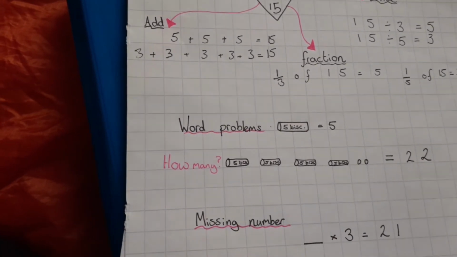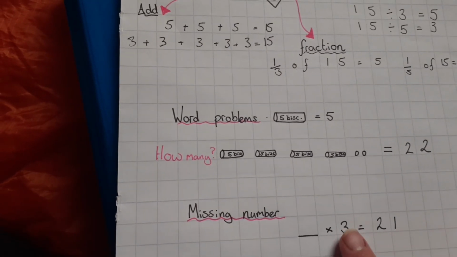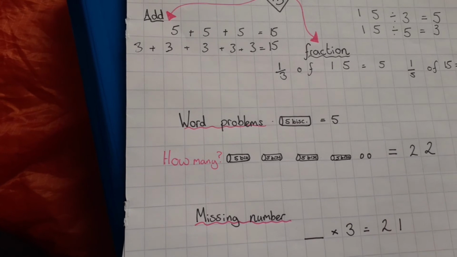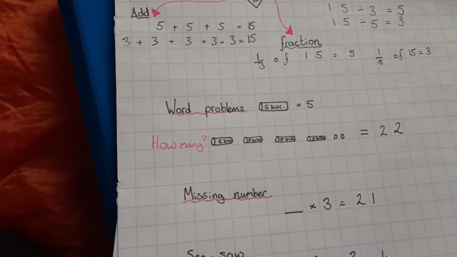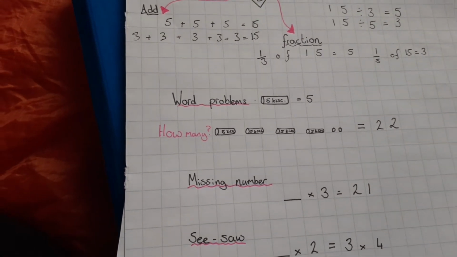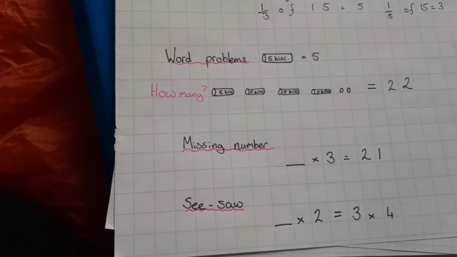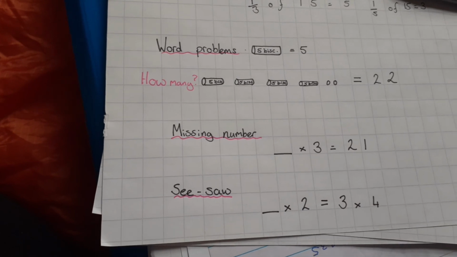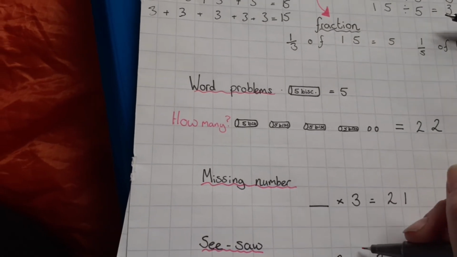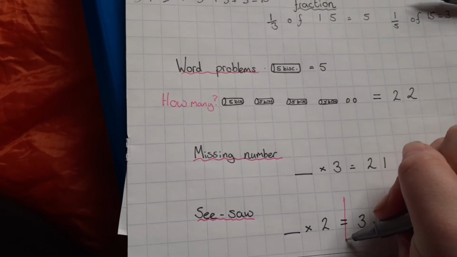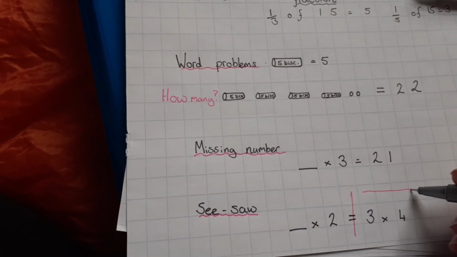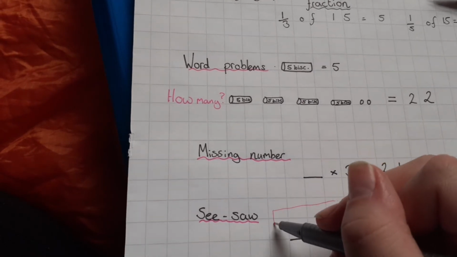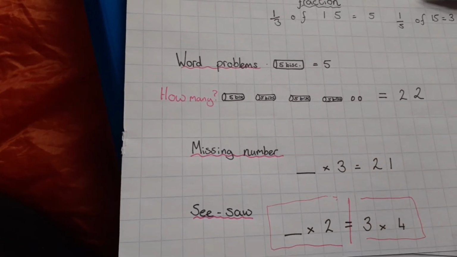You should also be able to do missing number sums like this one. If you are confident in your 3 times table, you'd be able to do this one straight away. You should also maybe be able to do a seesaw sum, which might look a bit like this, which looks very confusing to start with because the equal sign is in the middle. But we can draw a line like that. We know that what's on this side is gonna be the same as what's on this side.